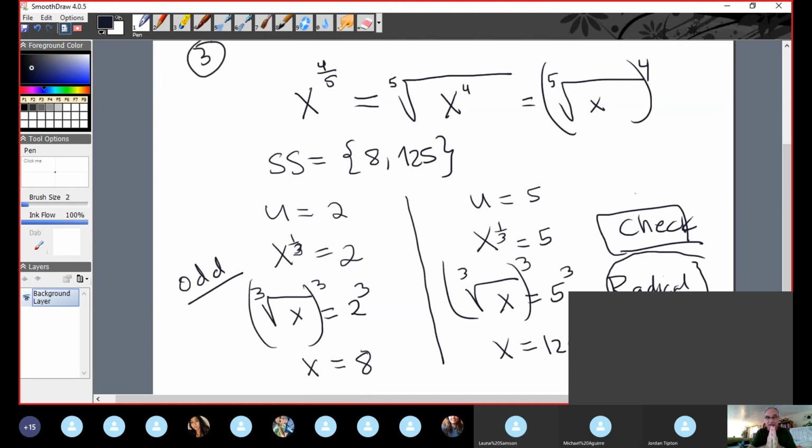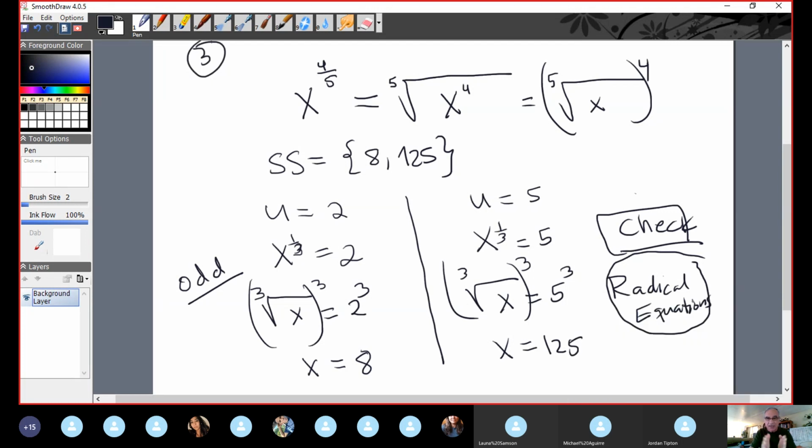Let me summarize and compact the idea. You have a radical equation, but the index of the radical is an odd number, like 3, 5, or 7. You don't need to check it. You cube both sides, no problem, easy.